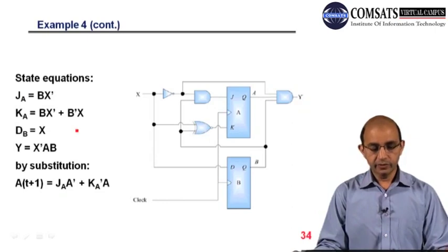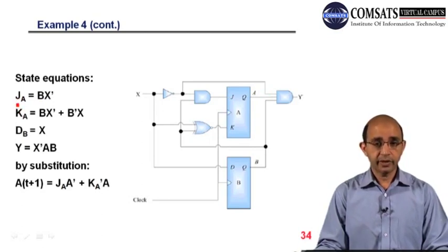So we can straight away have the state equations written over there, and you can compute those state equations. So we have JA, because this is the A, so KA. This is the type of the flip-flop.